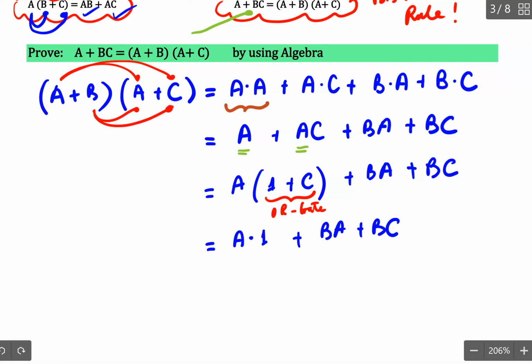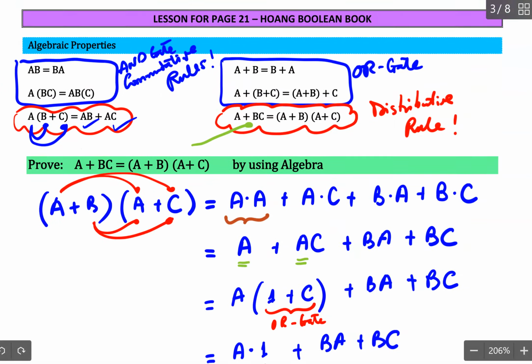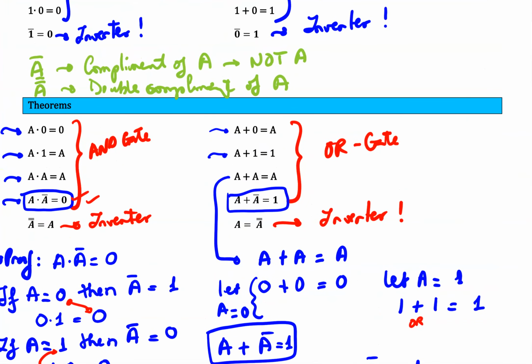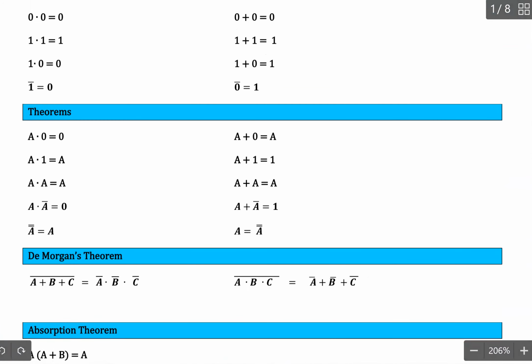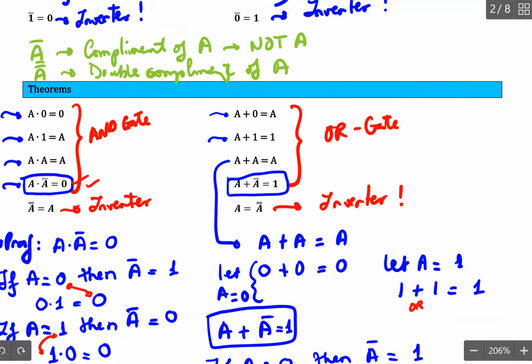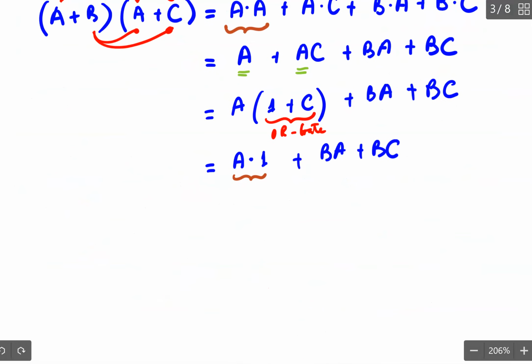I would like everyone to check page 21. You can see that A dot 1 is equal to A. Let me remind everyone of that: A dot 1 is equal to A. So I will rewrite my A in this case, plus BA plus BC.